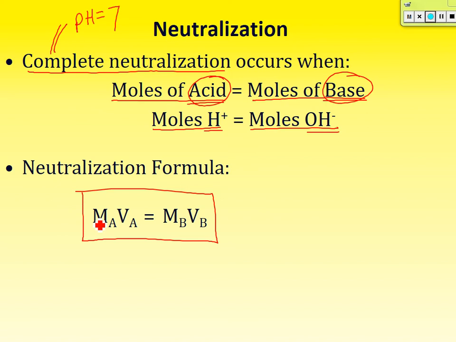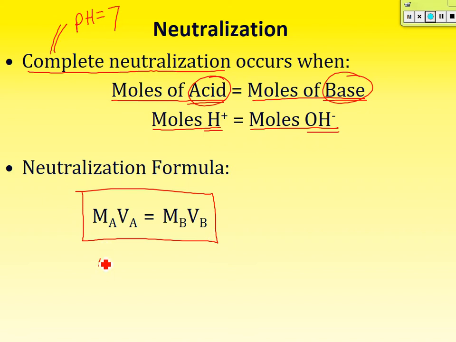So we're going to take the molarity of the acid, times it by the volume. V is for volume of the acid, and set that equal to, what does M stand for? Molarity of the base times the volume of the base.